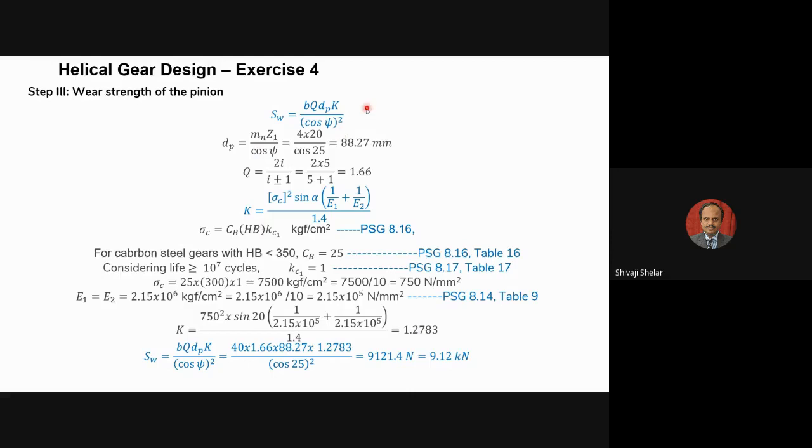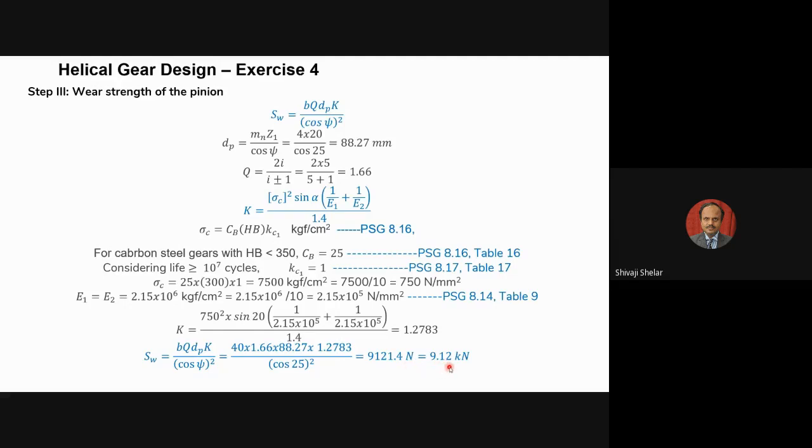Now using this relation, we put the values: 40 into 1.66 into 88.27 into 1.2783 upon cos 25 squared. We get the value in Newton: 9121.4 Newton. You can convert it into kilonewton, so 9.12.